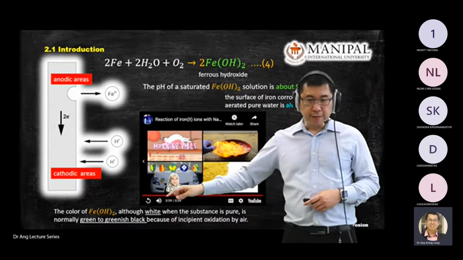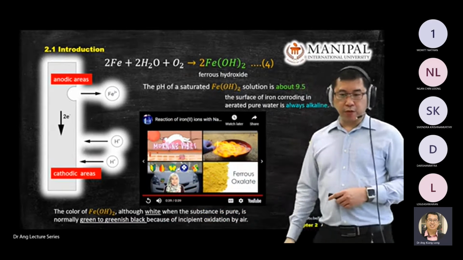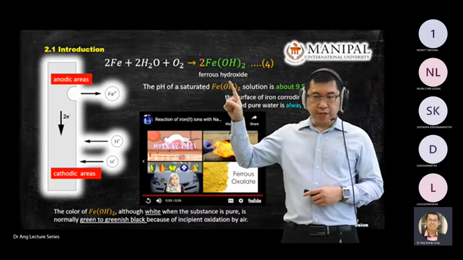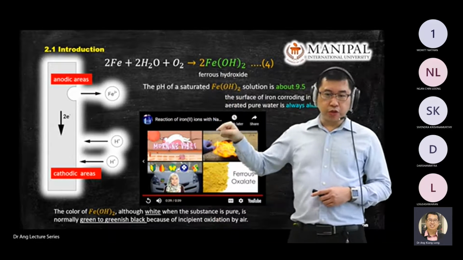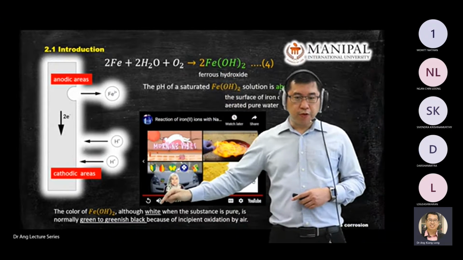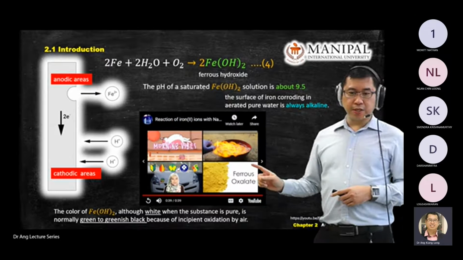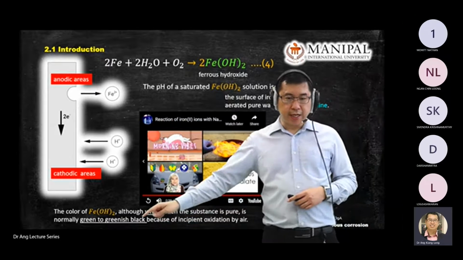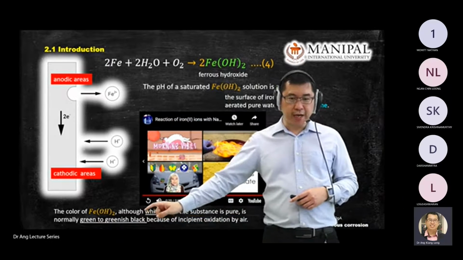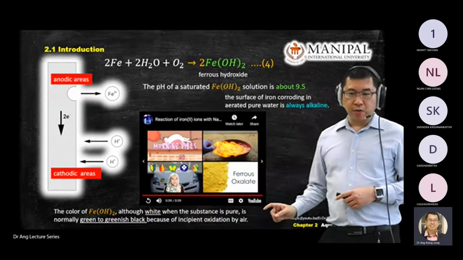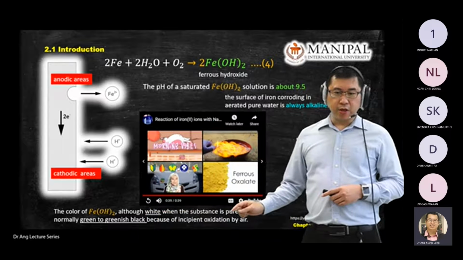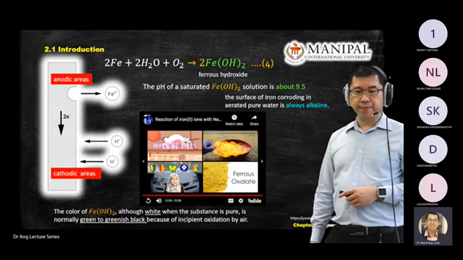Okay. Now this is a side note for you when you do revision. Ferrous hydroxide, or Fe(OH)2, when it's in pure form, is white in color. However, in the video just now, you can see that the color is greenish black or green when an oxidation process happens.